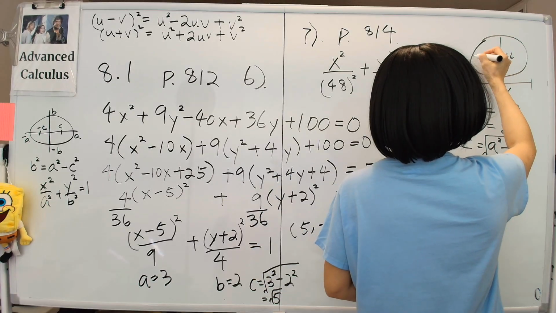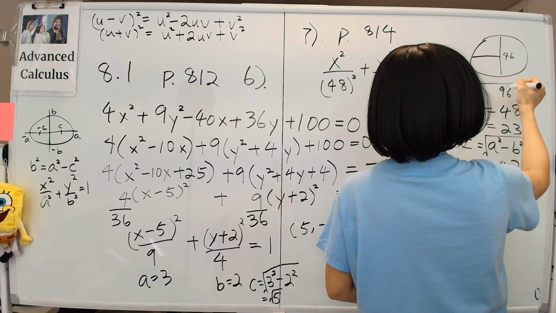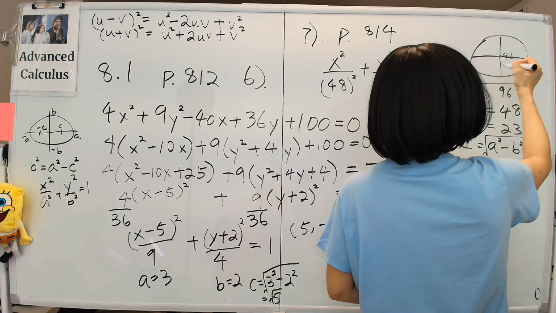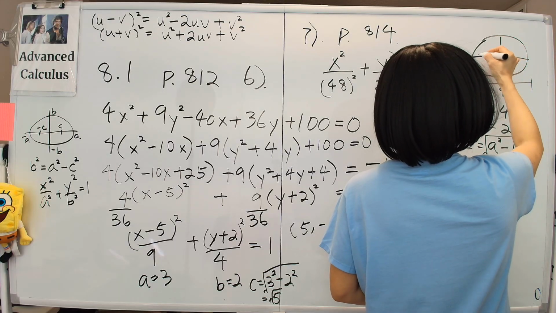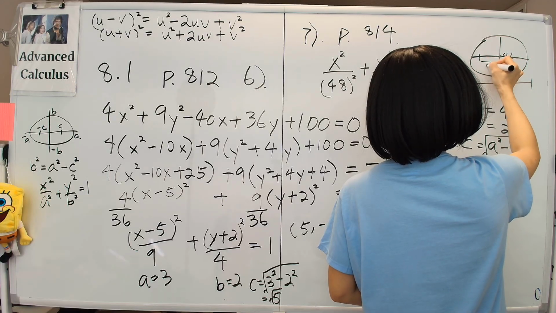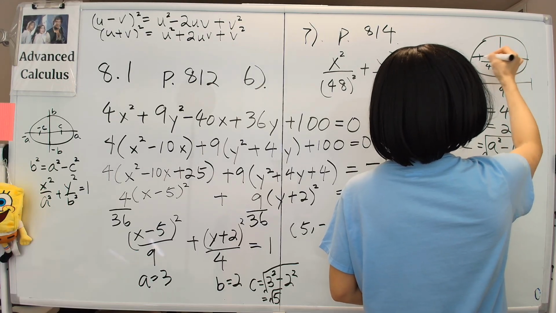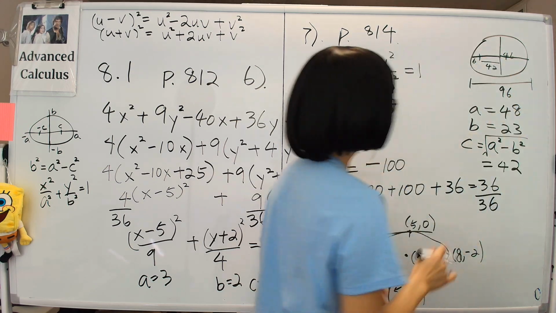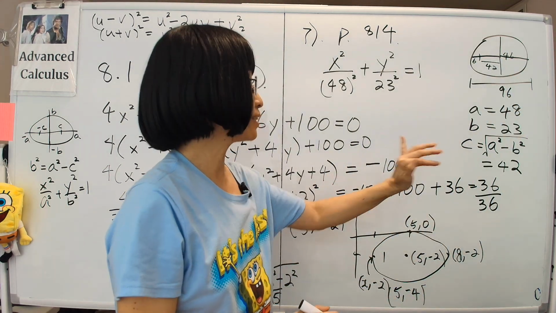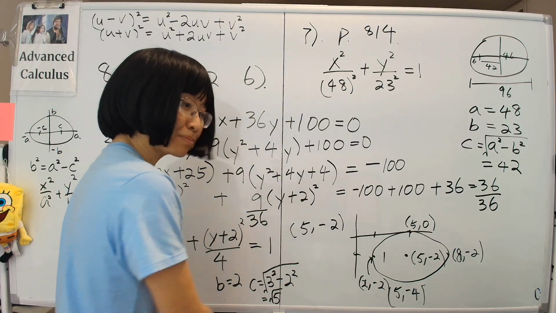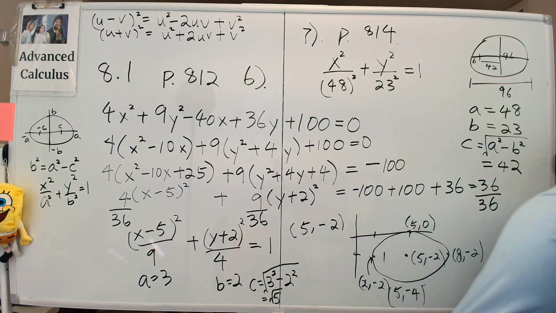The whole thing is 48, so the focal point will be about 6 from the far edge of the ellipse. You go about 6 feet from the far edge, and that will be a focal point where you can stand and whisper. So that should be the answer to this problem.